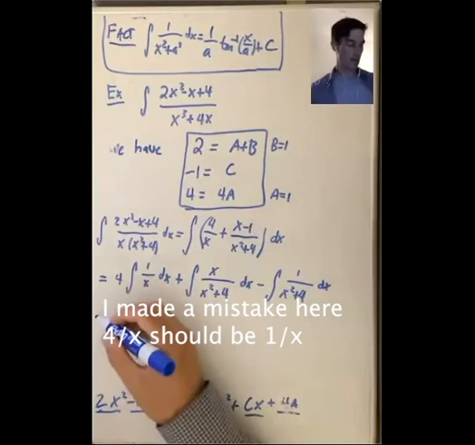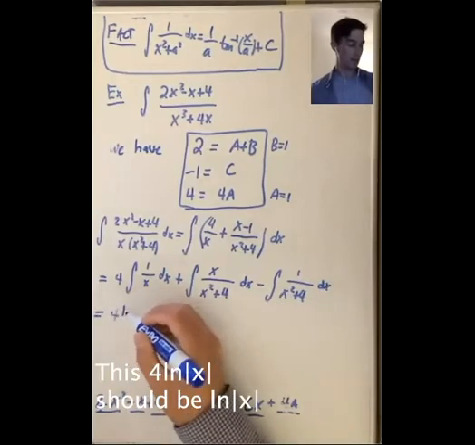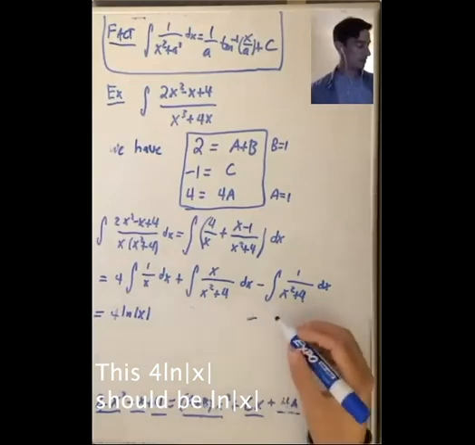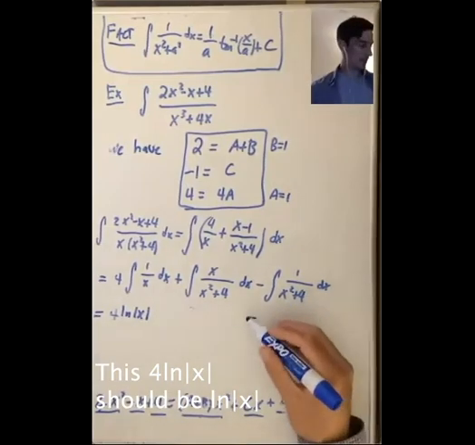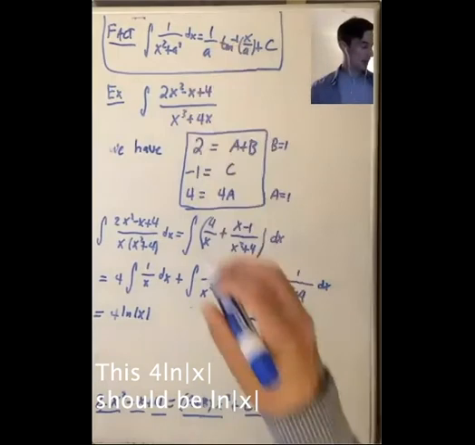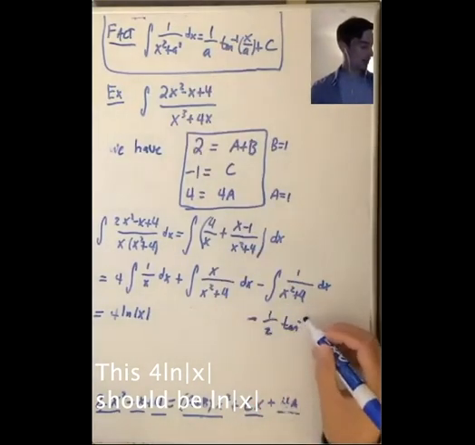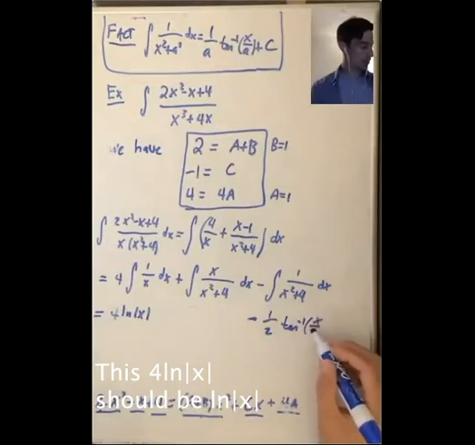This first term I know, this is 4 natural log absolute value of x plus c. And this last term we know, because we just did it at the beginning of this lecture, is 1/2 arctan x over 2. And we'll get a plus c from the whole thing.